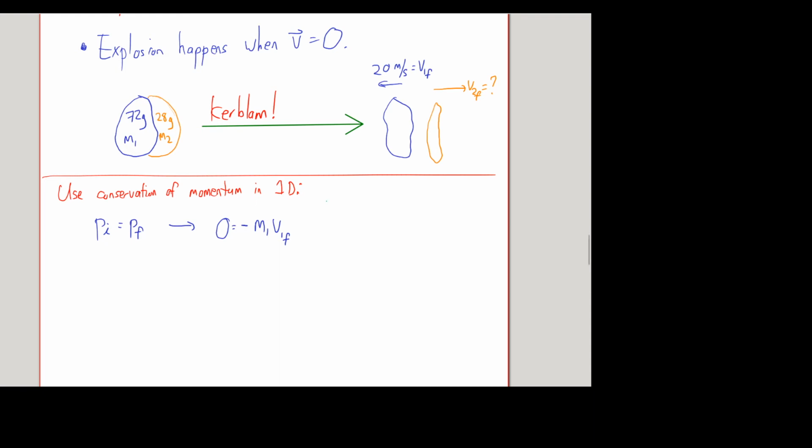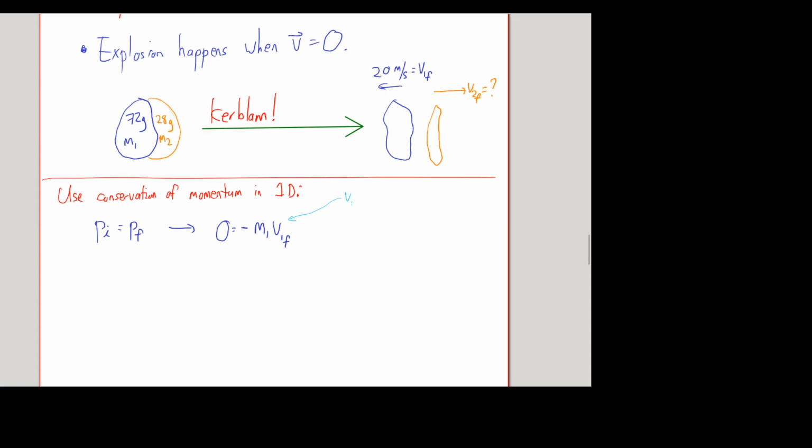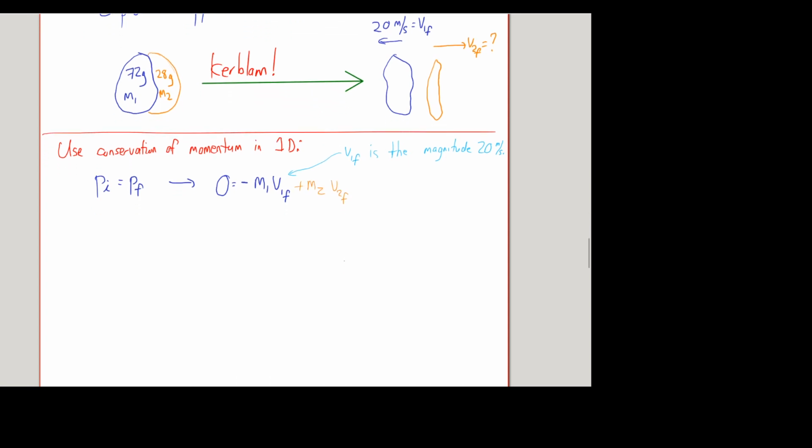So here, I'm just going to make a label: V1F is the magnitude, 20 meters per second. The minus sign here represents the direction. Plus M2 V2F. So doing a little bit of algebra, V2F equals V1F times M1 over M2.